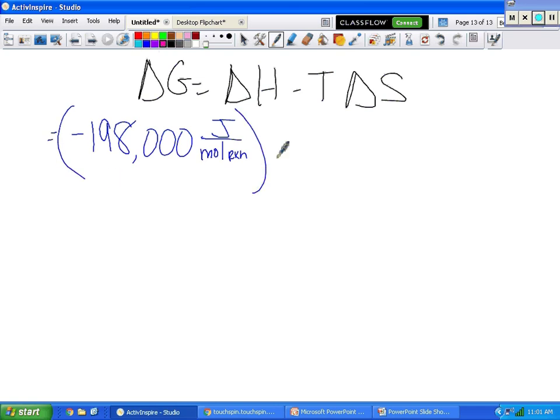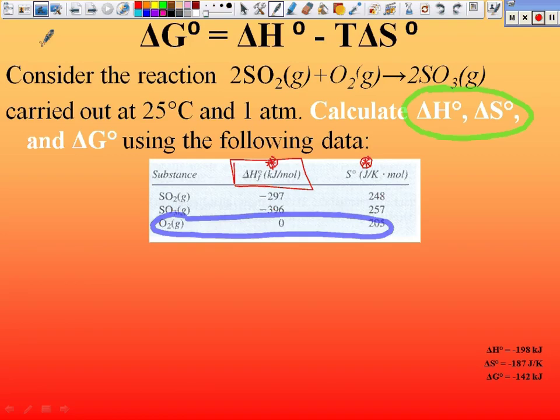Minus, and in the problem, I think it says right here, I noticed several of you leaving this as 25. But again, if you make your units match, what do you notice about the unit right there? There's a Kelvin. So what is 25 to Kelvin? 298, thank you.